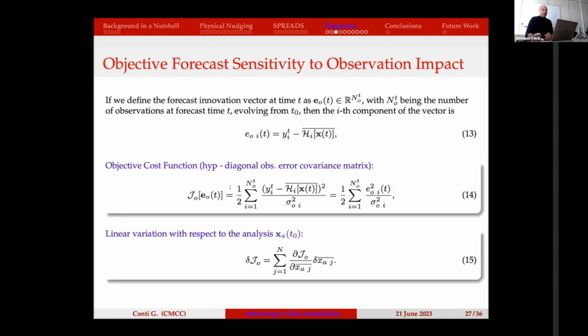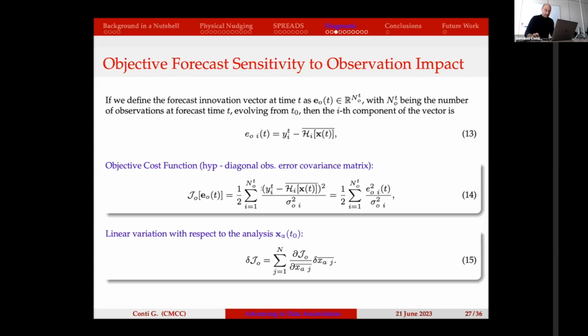And then we build this objective cost function. So that is basically an error. This is the square of this quantity that I just mentioned. And it's weighted not with a norm that depends on the analysis or on the model, but it's weighted with sigma O, the error of the observation, to be as objective as possible.